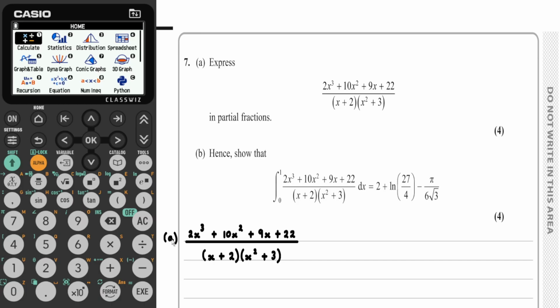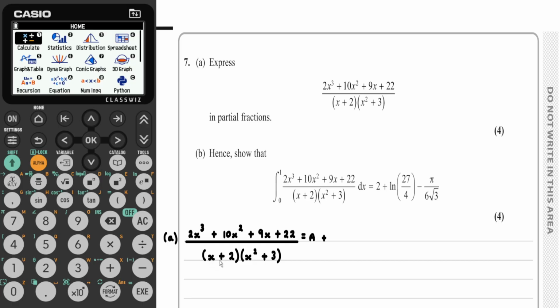For the denominator, the highest degree will be 3 because we have x times by x squared, which gives us an x cubed term. So we have a cubic divided by a cubic. That will give us a constant, we can call that constant a. And what follows will be the remainders.